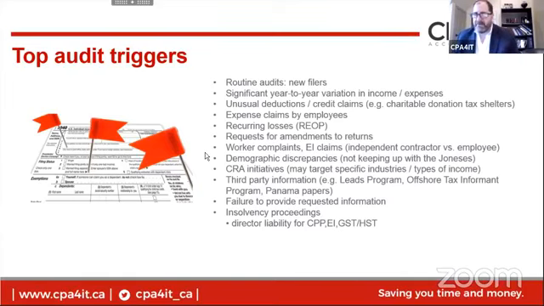Think about all the tech companies out there that when they're getting started are going to have year after year after year of loss as they invest in R&D and building out the technology, and only have the profitable years down the road. So it doesn't mean you're not entitled to those losses, but keep in mind that recurring losses could be an audit trigger of themselves.